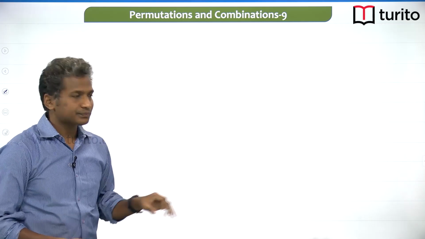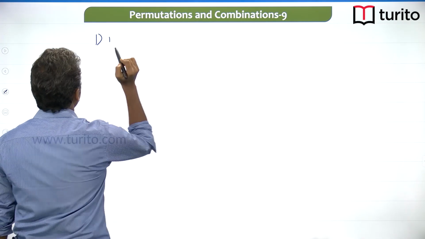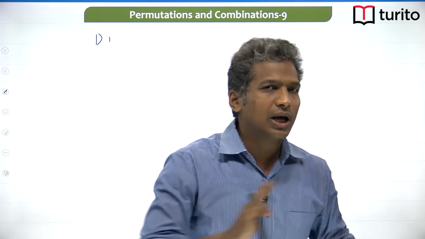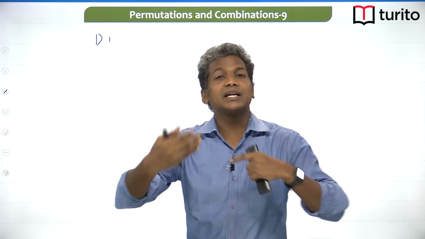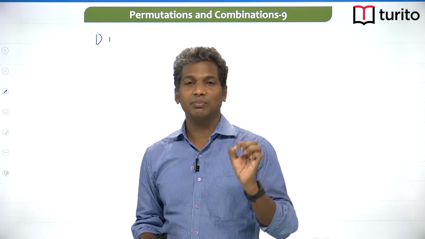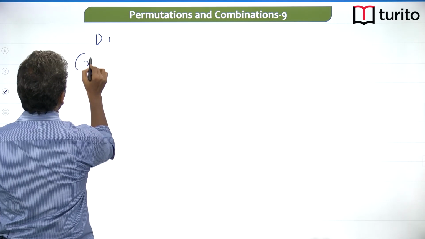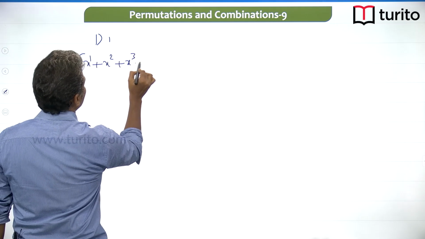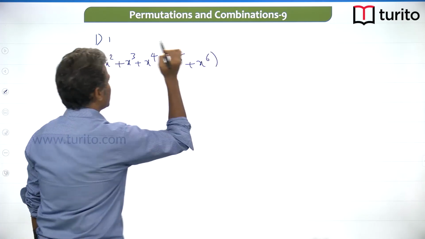How do we do it? We will write a polynomial for each dice. Okay. So, let us take dice 1. For dice 1, starting from 1 till 6, all have an equal number of ways and all have only one way. So, I will generate a polynomial where my power is representing the output on the dice. Okay, power is representing the output on the dice. So, I can start with x raised to 1, x raised to 2, x raised to 3, x raised to 4, x raised to 5, x raised to 6.